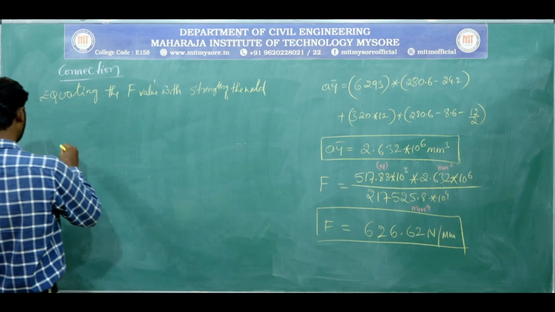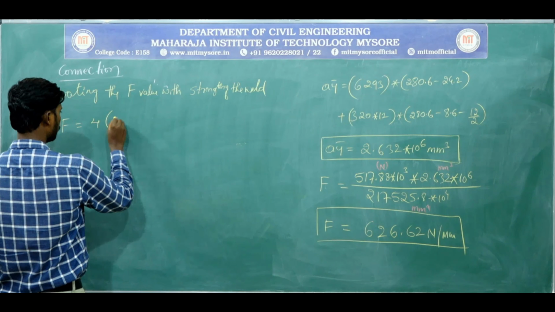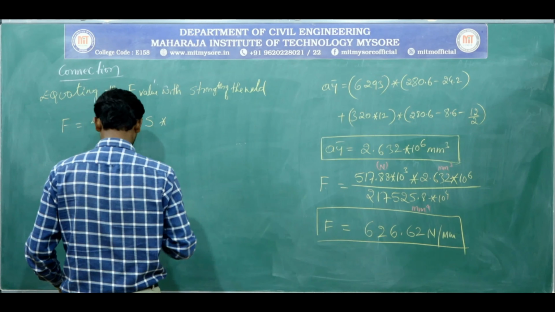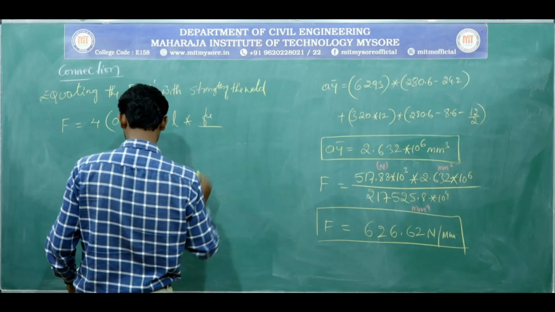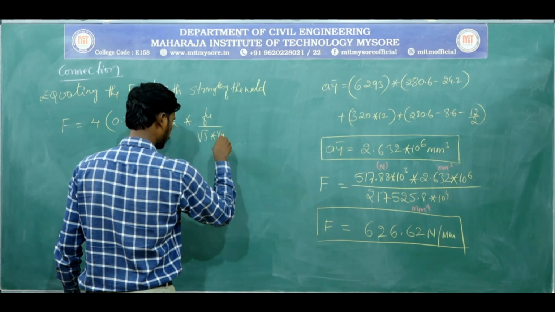So what is the strength of the weld formula? F is equal to 4 into 0.7 into S, that is size of the weld, multiplied by length of the weld, multiplied by ultimate strength over the factor of safety.